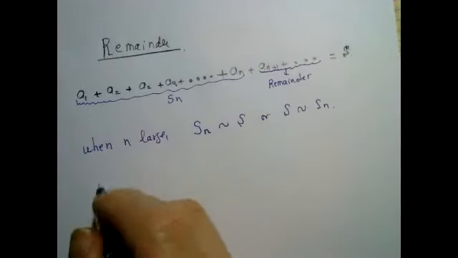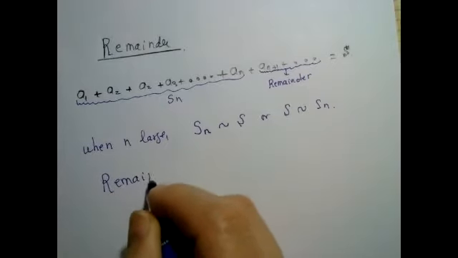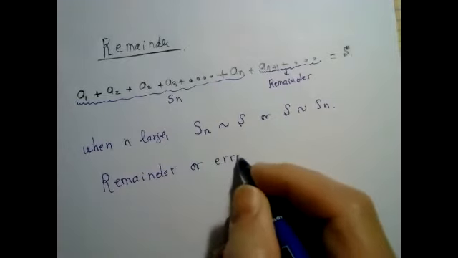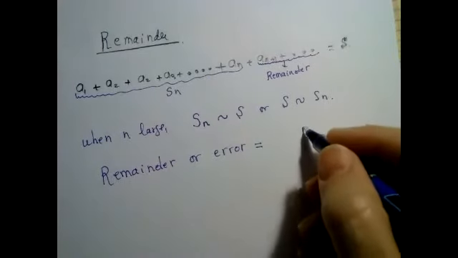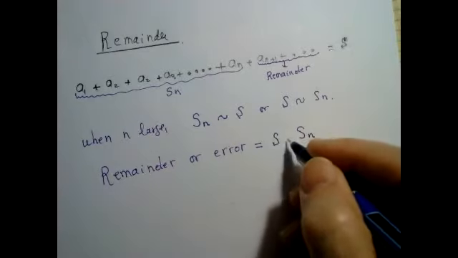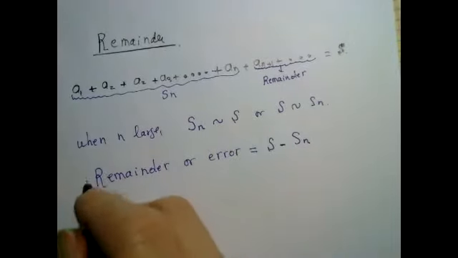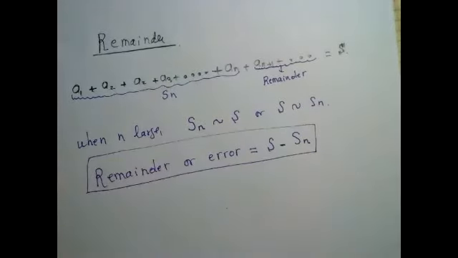So we're going to define a remainder. The remainder, or sometimes called the error, is defined to be the following. When I use Sn to approximate the sum, how far is Sn from the actual value? So the error is defined to be the actual value of the sum minus Sn.